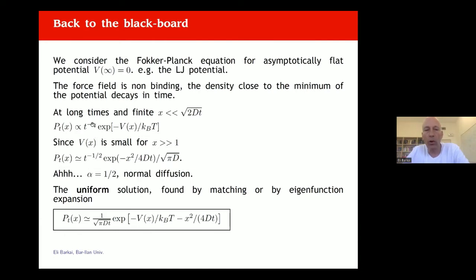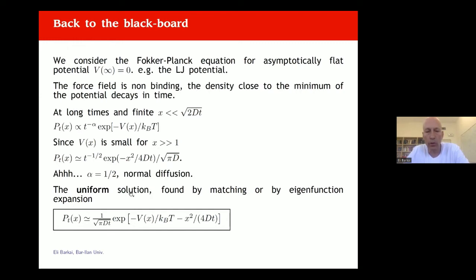So now the question is, what is this alpha? And this is actually very simple in this example, because for large x, what you expect and indeed get is simple diffusion, because there the potential is not present. And that's the reason why, for the normalized density, this alpha is going to be half. And then you can say, okay, I'm going to match the short x behavior with the large x behavior. What is the large x behavior? It's simple diffusion because the potential is not there.